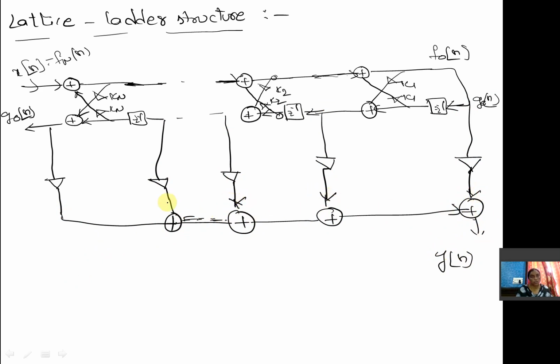This one is for the zeros in the system. So consider those as Vn, Vn minus 1, V2, V1, V0, like that. So now here you can get the output. Okay, right? This is said to be the lattice ladder structure. Okay, right? Thank you.